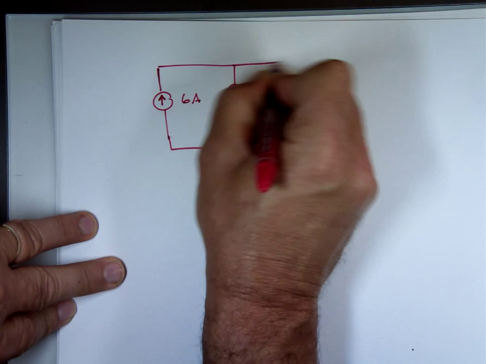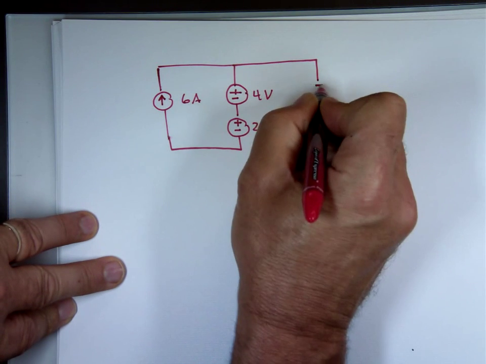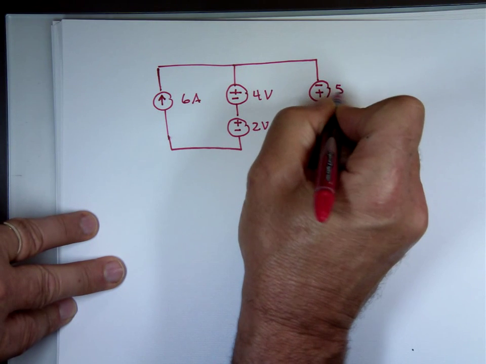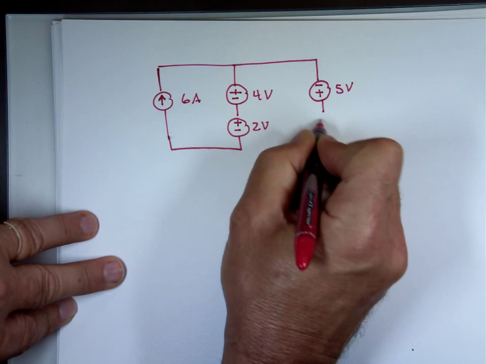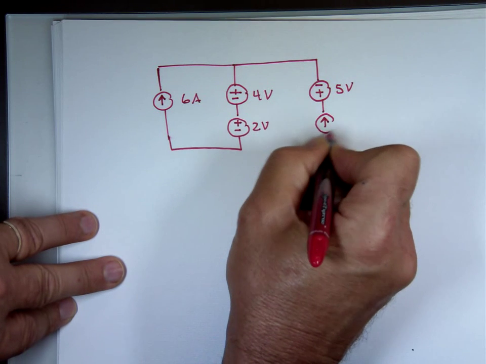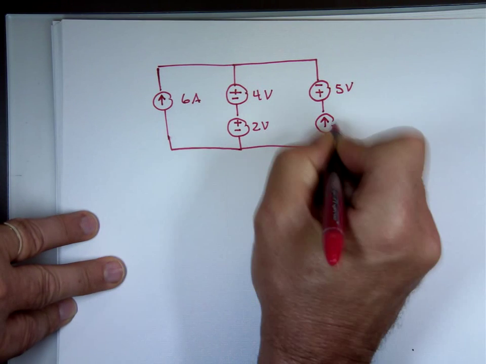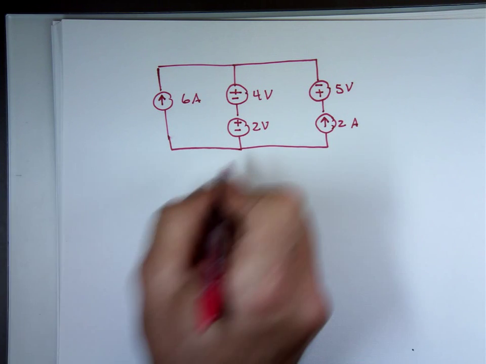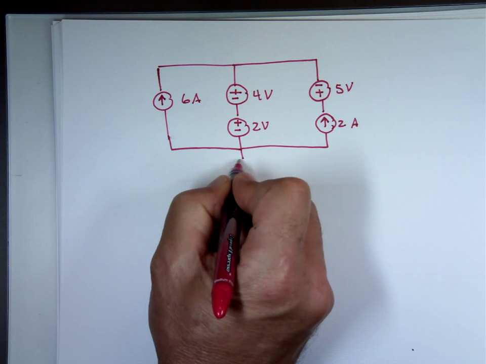I have a voltage source backward here of 5 volts. I have a current source here of 2 amps. Given that circuit, and let's say I take this and I attach it to ground. That's my ground.